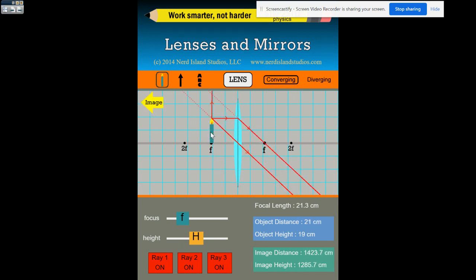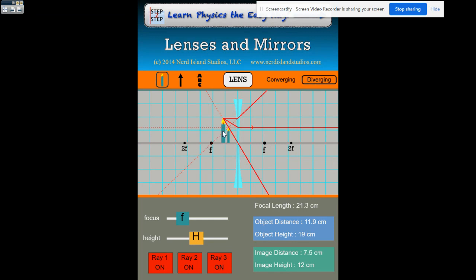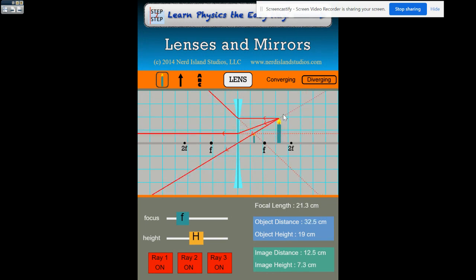If I put it on the focal point, again, I'm going to have these rays that are never going to converge, so it's going to disappear. And then it gets larger. And then diverging rays, we can still move it. So you can play around with this and kind of see. You don't have to be able to draw the ray diagrams, but you can see how the positioning of the object affects the image characteristics.